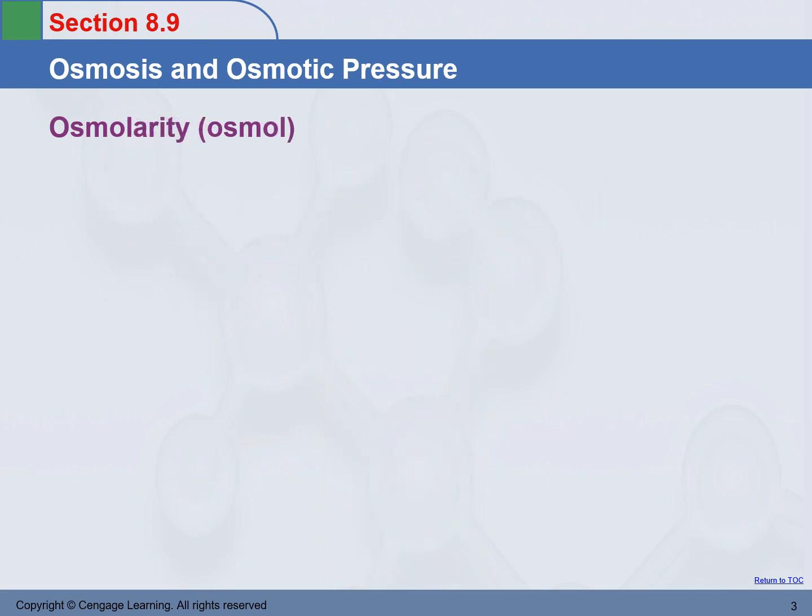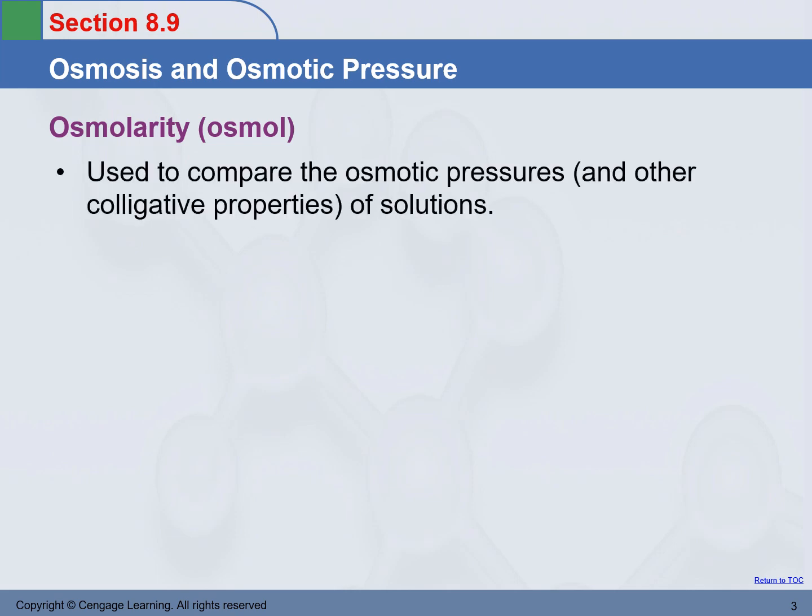Since we are on the osmotic pressure topic, we are going to introduce osmolarity, or osmol. Osmolarity is used to compare the osmotic pressures and other colligative properties of a solution, be it vapor pressure, boiling point, or freezing point of a solution. We can compare the colligative properties of solutions by using osmolarity.